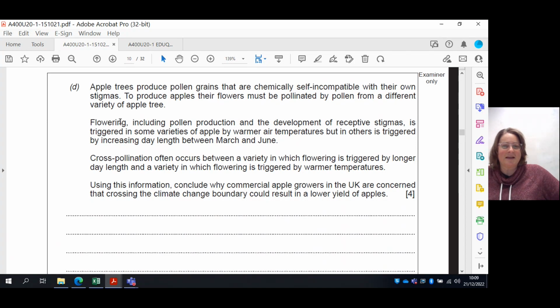So the 2 different definitions here: some flowering plants develop stigmas based on warmer air temperatures, and some are doing the day length thing. So a light trigger. So clicking in that there are 2 different varieties here. Cross-pollination often occurs between a variety which is flowering triggered by longer day length and one that is triggered by warmer temperatures.